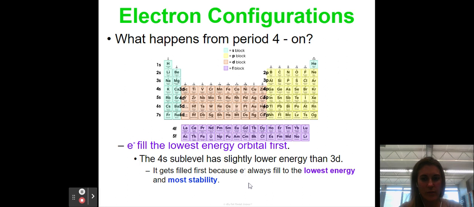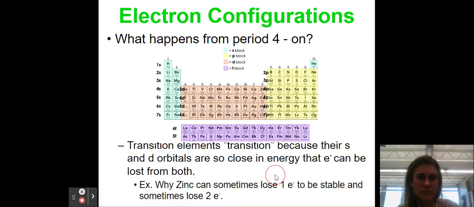So if you could just accept that, or you can do more research on it if you like, or wait till you get to AP if that's something you're interested in. Transition elements transition because their s and d orbitals are so close in energy that electrons can be lost from both. So sometimes zinc can lose 1 electron to be stable, and sometimes it loses 2. So it becomes a little bit unpredictable as far as when we get to the transition elements.